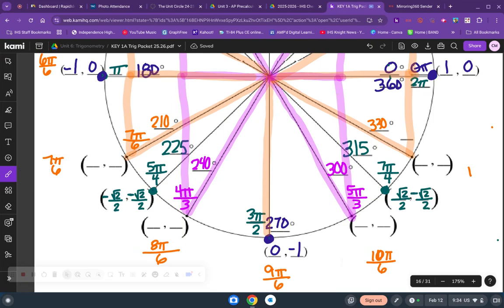If I add another, that would mean 11 pi over 6, and that's not going to simplify at all. So 330 degrees is the same as 11 pi over 6 radians. And then just to finish it off, that would put me at 12 pi over 6, which is equivalent to 2 pi. So I've counted my way around the circle in radians.